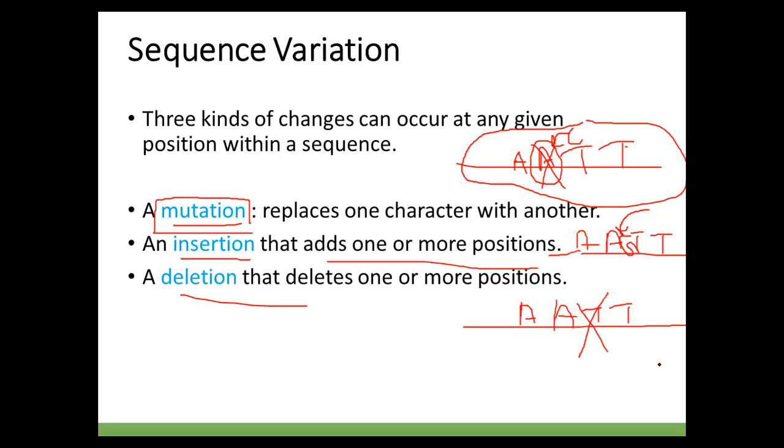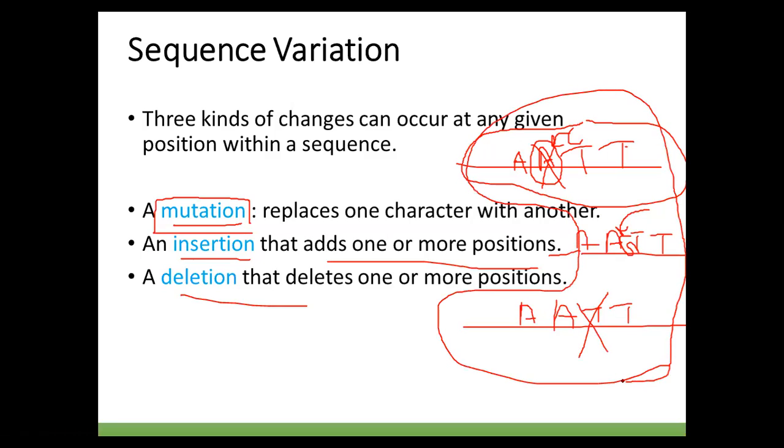So you need to know these changes when you are doing alignments, because when you are aligning things, you need to have in your mind that these events would have occurred in the different proteins you get.